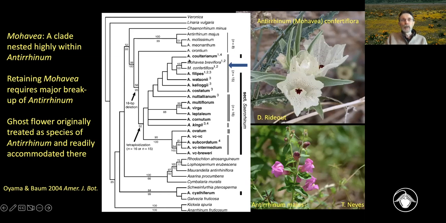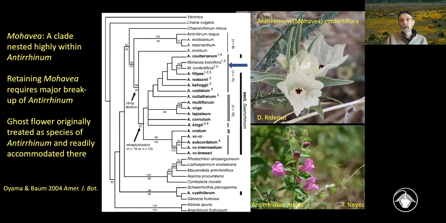And it's less disruptive to the stability to change 2 species names to Antirrhinum, one name already available in the case of convertiflora, than to break up Antirrhinum into a bunch of different groups, and relationships in Antirrhinum are a bit unstable anyways, to make that difficult. So the option that Dean Taylor and Dave Keel chose was to submerge Mohavea within Antirrhinum.